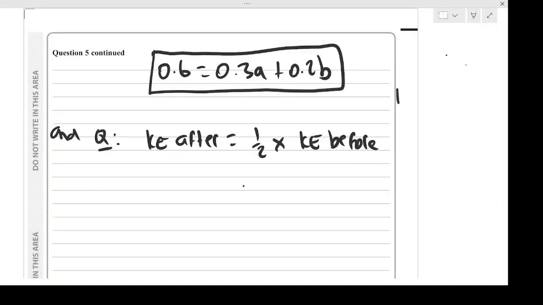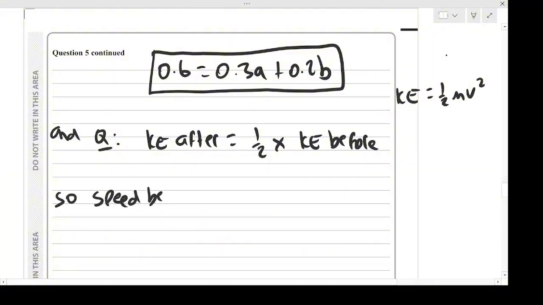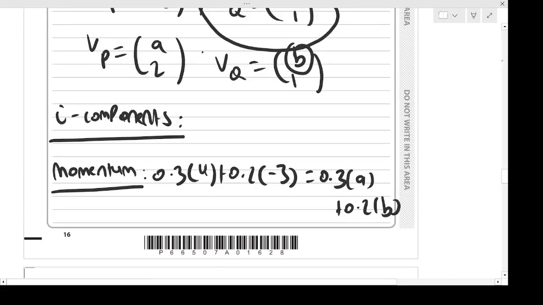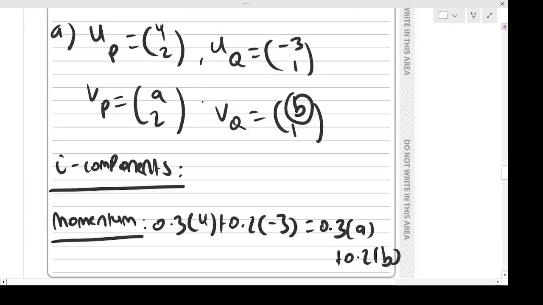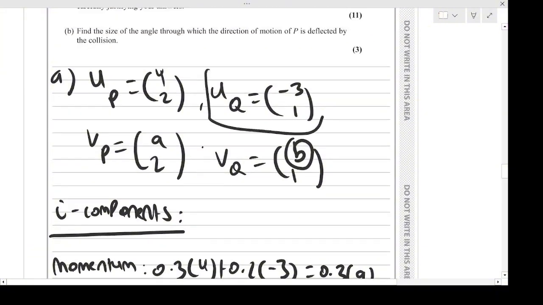Now remember, kinetic energy is a half mv squared, where v is my speed. Okay, so if I'm going to work out the kinetic energy before and after, I'm going to need to work out the speeds involved. So I'm going to do them here. So speed before. Well, I'm not told any speeds, but I am told the velocities, right?